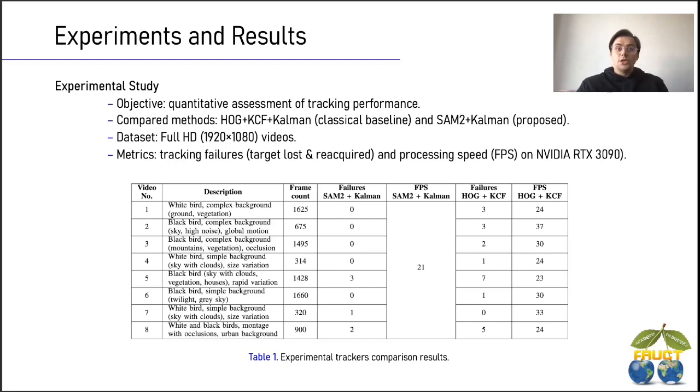We used full HD videos recorded in realistic ornithological conditions: forests, rural areas, urban scenes, and moving cameras. Two metrics were used: tracking failures, when the tracker lost the target and must reacquire it, and processing speed measured in frames per second on an NVIDIA RTX 3090 GPU.